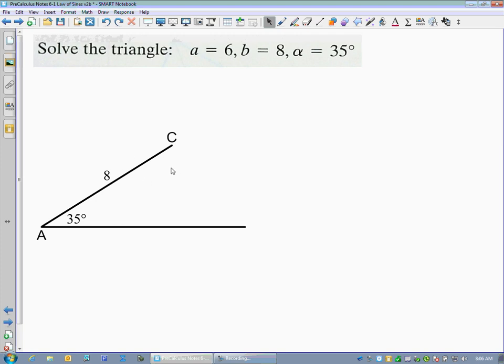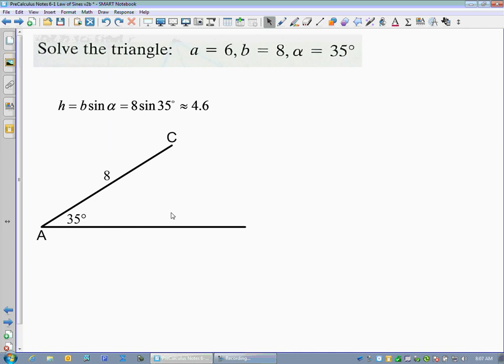So when we set up our 6, the first thing we need to know is, is it long enough to make a triangle in the first place? In the ambiguous case, you first want to calculate h, which we said was b sine alpha. So b is 8, alpha is 35, so 8 sine 35 gives us approximately 4.6. Well, 6 is longer than 4.6.